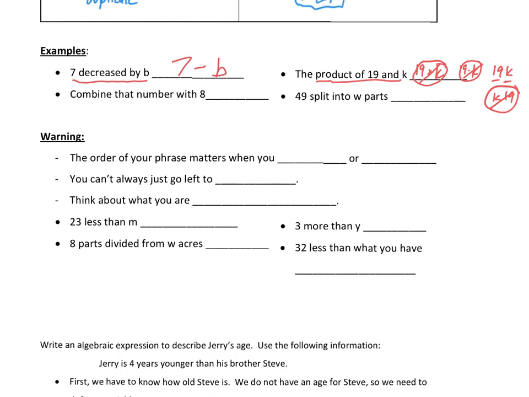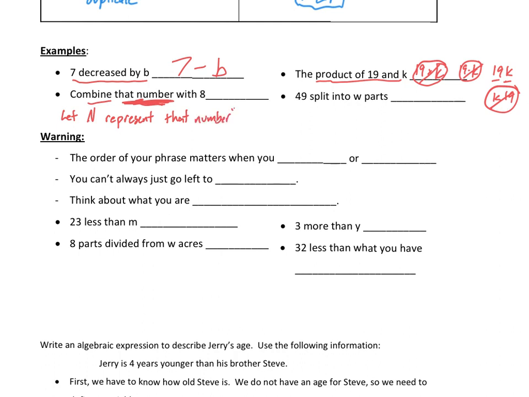Okay, next example, combine that number with 8. We don't know what that number is. So now we need to have a variable. So we need to, what we call, define a variable. So we're going to say let, and whatever variable we want, I'm going to use n because the number starts with n. Let n represent that number.